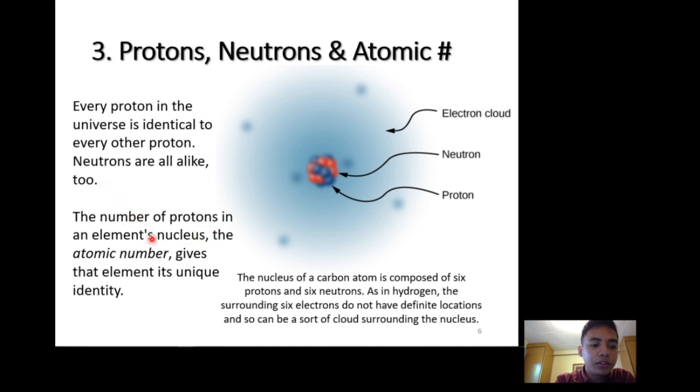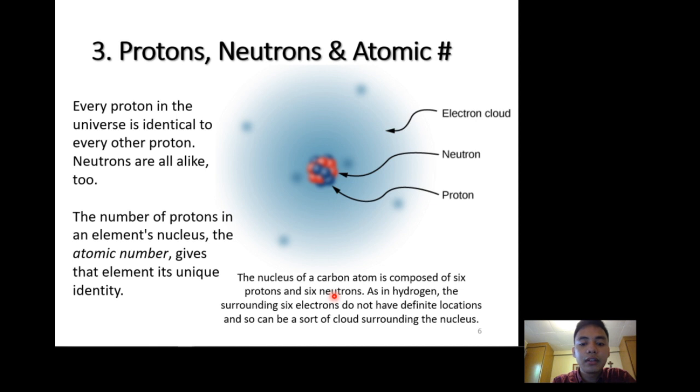The number of protons in an element's nucleus we call the atomic number, and it gives that element its unique identity. For example, this is the carbon atom composed of 6 protons and 6 neutrons.